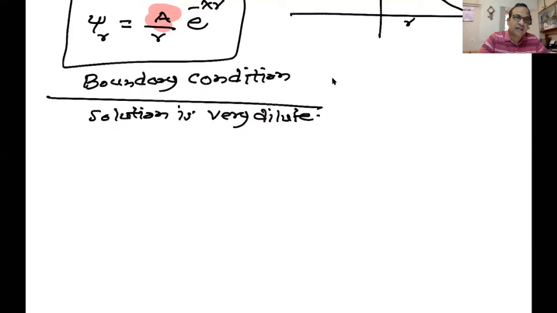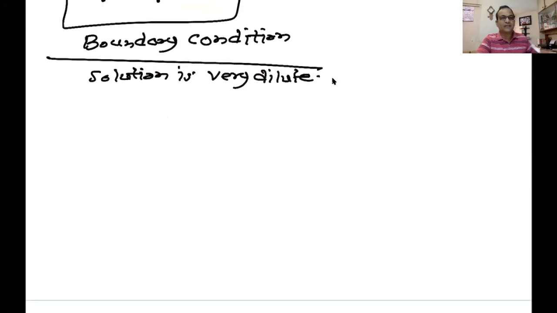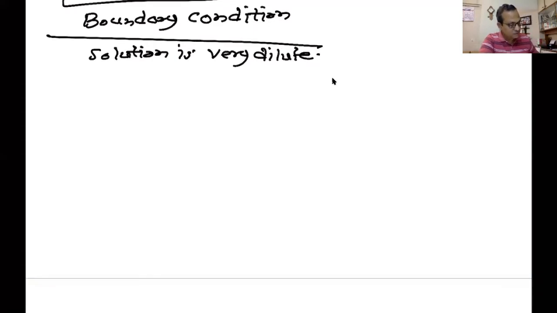Agree? If that is so, I am using the point charge approximation. I am assuming my ion is just a point source, because its radius is negligible compared to the interparticle distance.